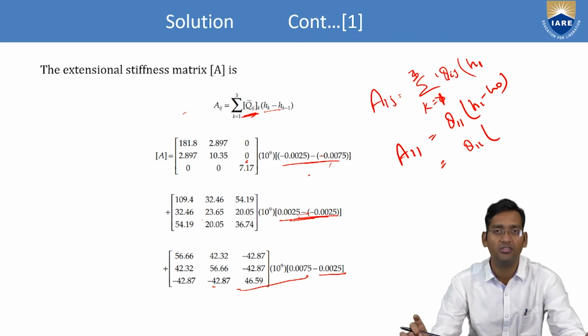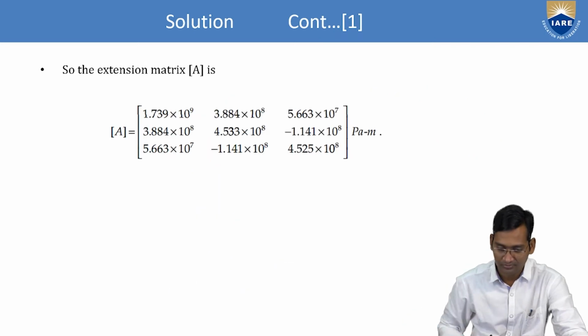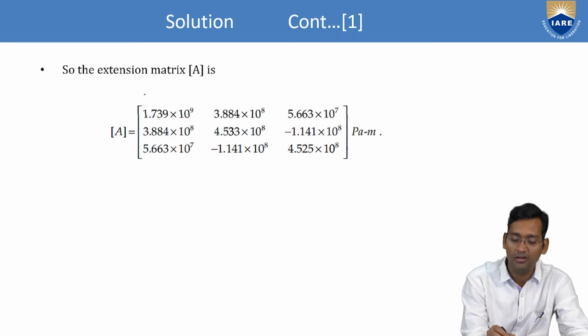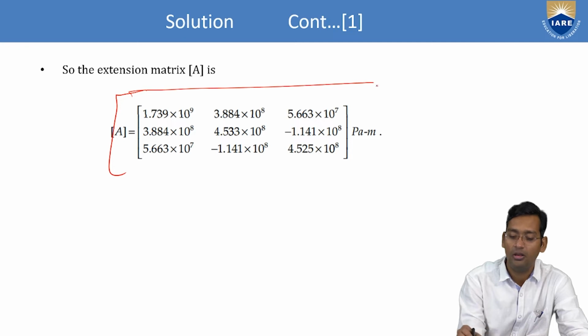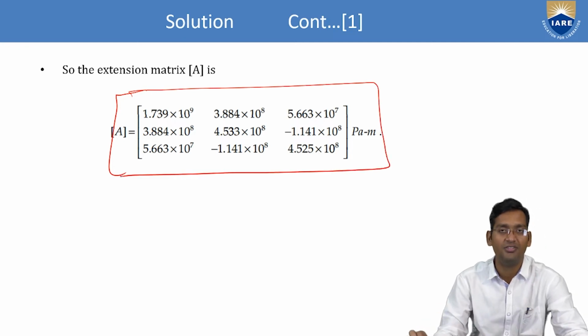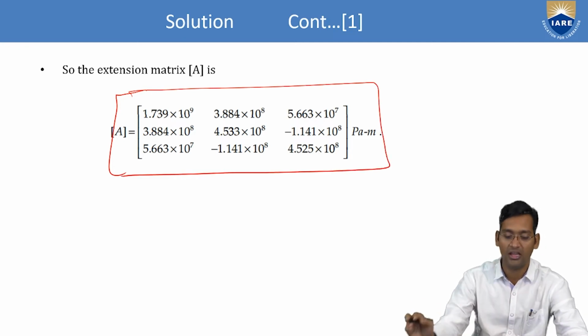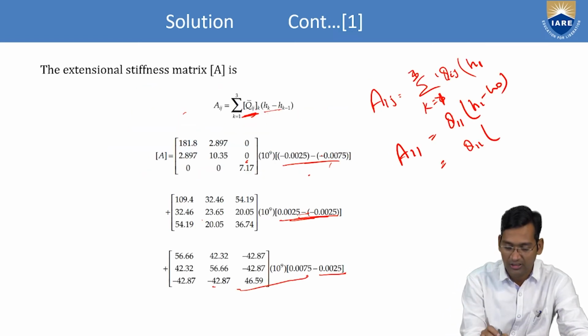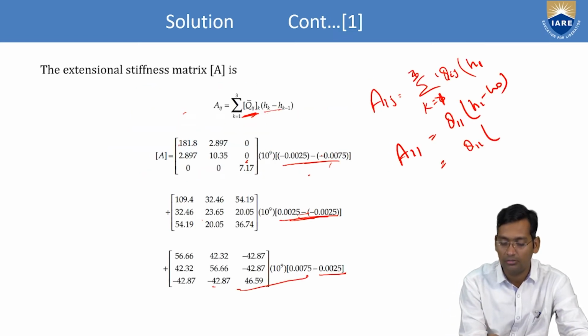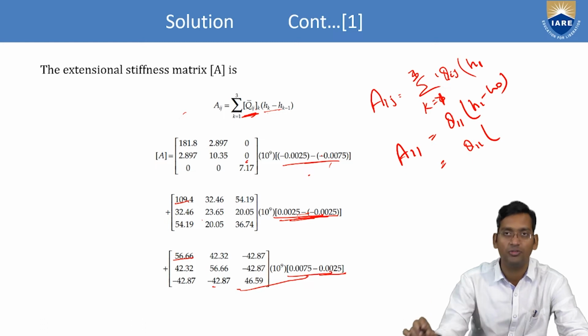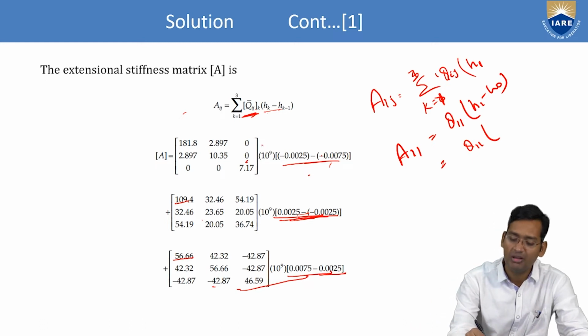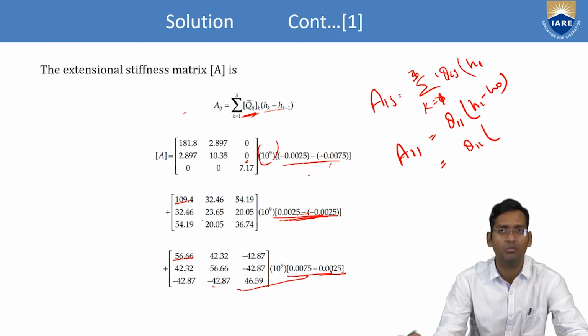Then you will get the matrix A. After simplifying, matrix A is the extensional matrix. So A equals, after simplifying, 181.8 into this one plus this into this one plus this into this one. No need to multiply 10 to the power 9, just keep it outside, that will be common for all.